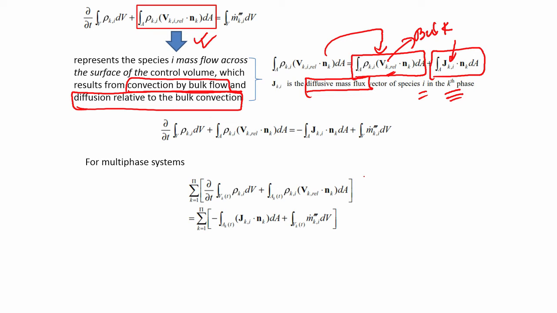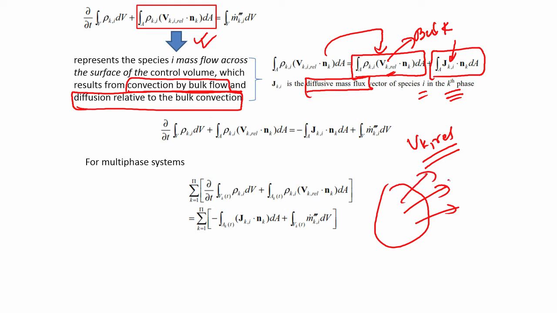Now, this transport of species across the control surface may be happening due to the convection of the bulk flow, which is V_k relative. So, this bulk flow carries with it a certain amount of species. So, this is a control volume, there is a bulk flow that is going out, which is given by V_k relative.